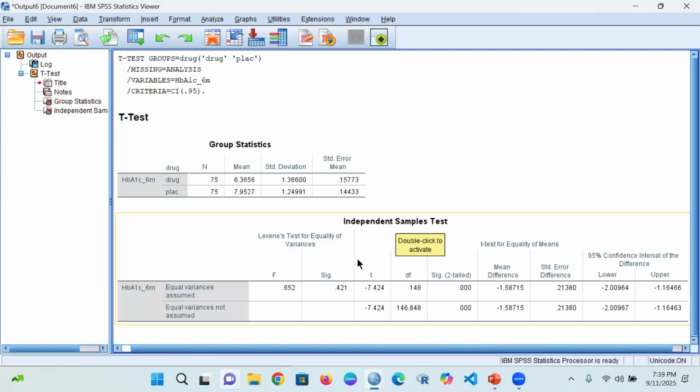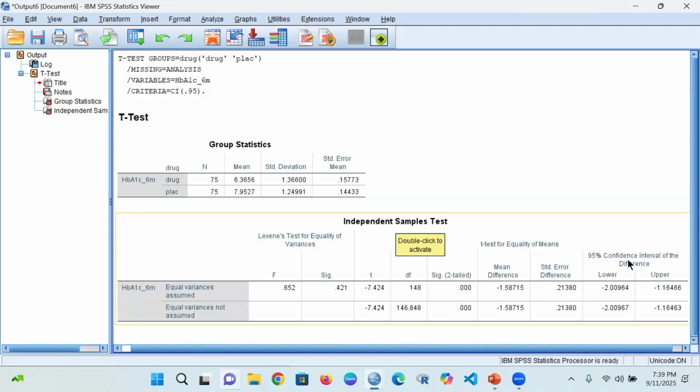So we are 95% confident that the true difference lies between negative 2.0 and negative 1.2 units. So that's what we are confident of.